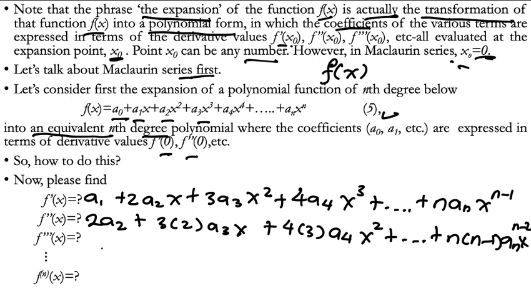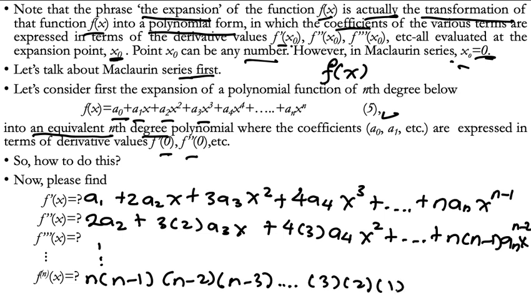If we continue until the last one, we have n times n minus 1, multiplied by n minus 2, multiplied by n minus 3, and then continue multiplying until 3 times 2 times 1 an.